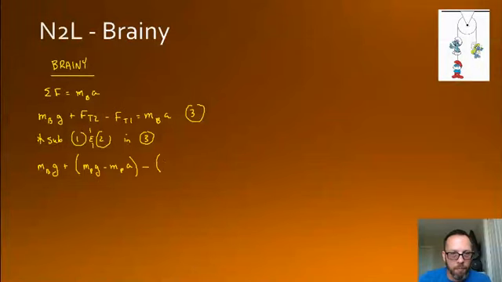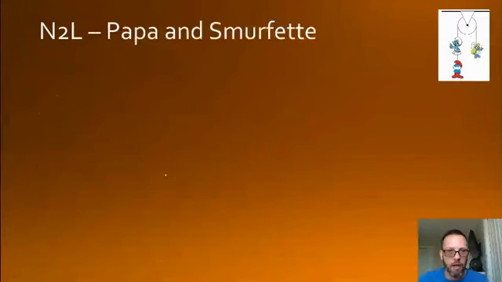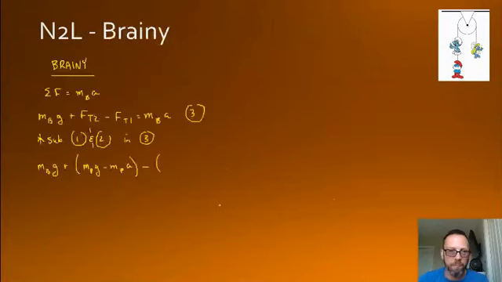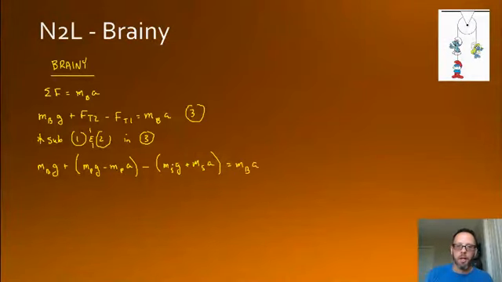And minus brackets. So careful, we're plugging in FT1, which is a binomial, so we should maybe put it in brackets so you don't have any sign errors. And we said FT1 is MSG plus MSA. And that equals MBA.